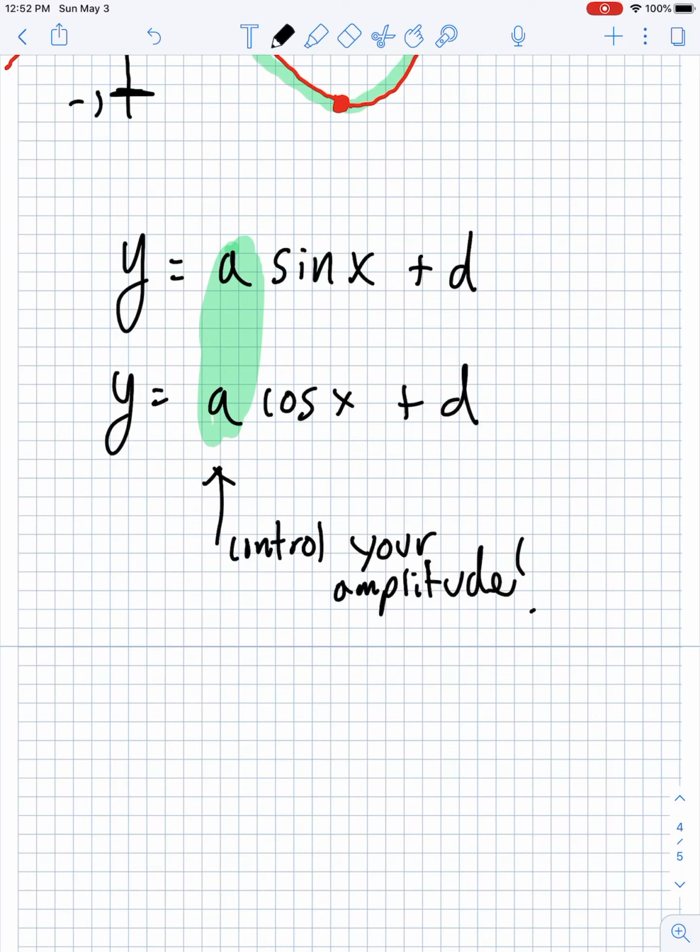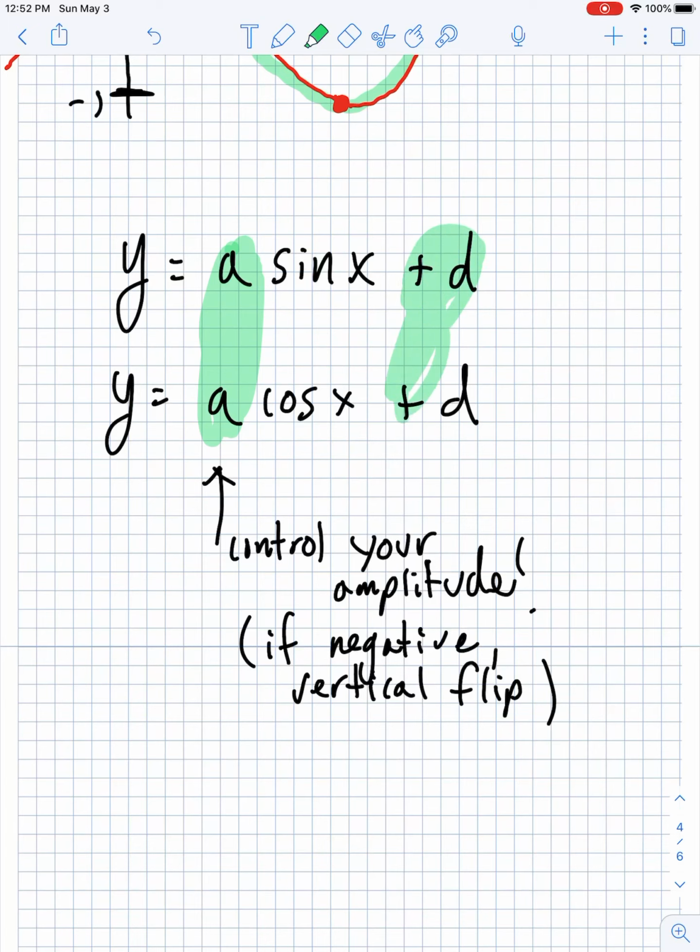They also, if the a is negative, they'll be upside down. And the d values are just your vertical shift. That's really it that we covered today.